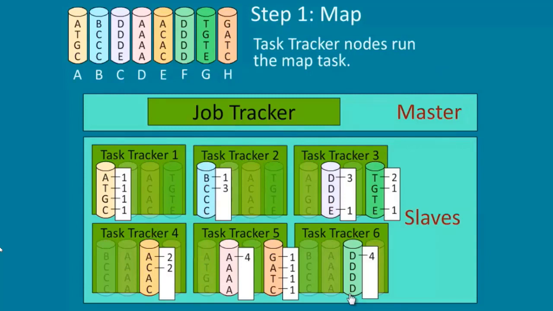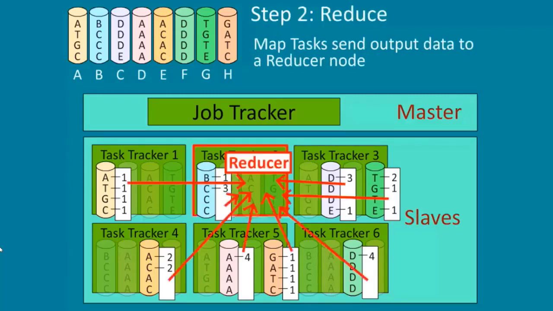So those task tracker nodes will run the query or run the process or the program, and in this case it's counting the letter count. And you can see that we're tallying the letter count in task tracker 1, 2, 3, 4, 5, and 6. Once the task trackers are finished, they will send their results to a reducer node that has been set up by the job tracker.